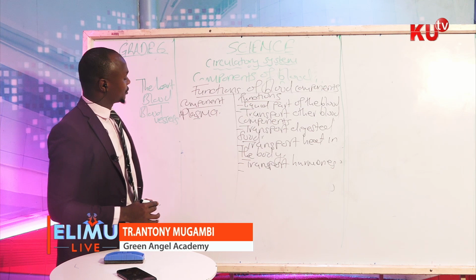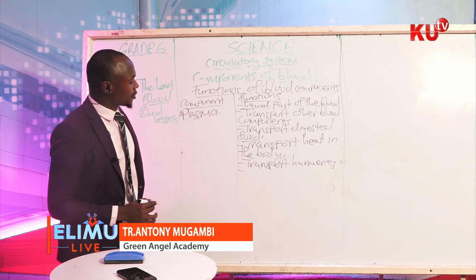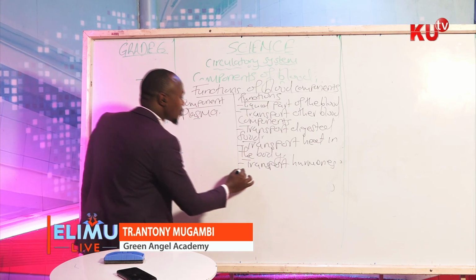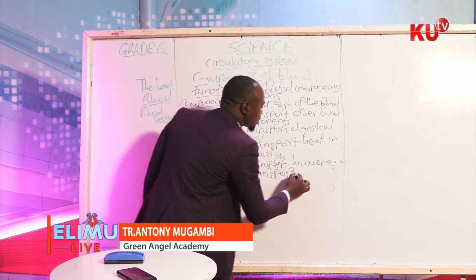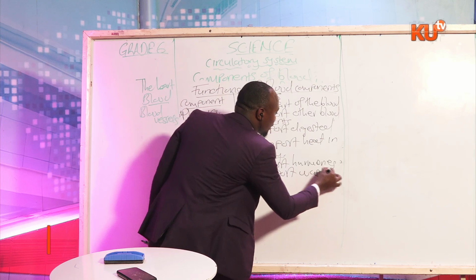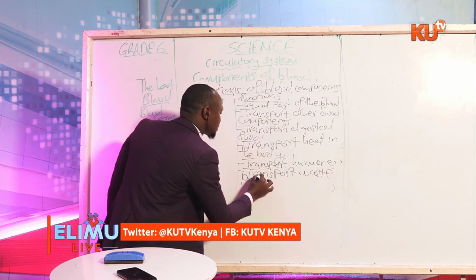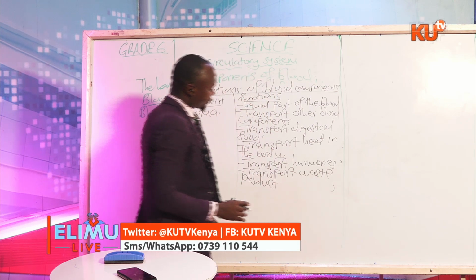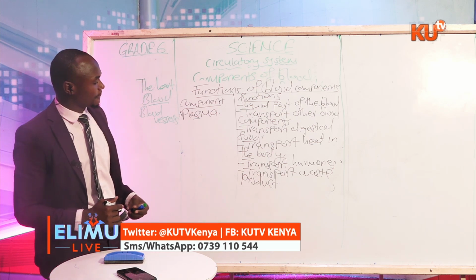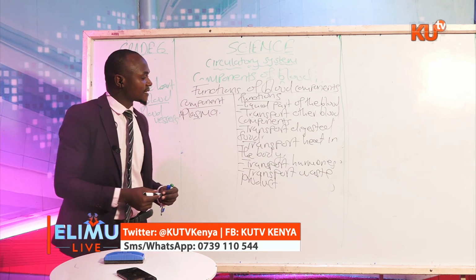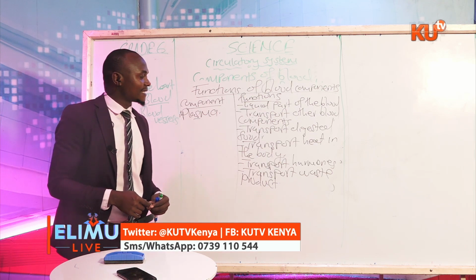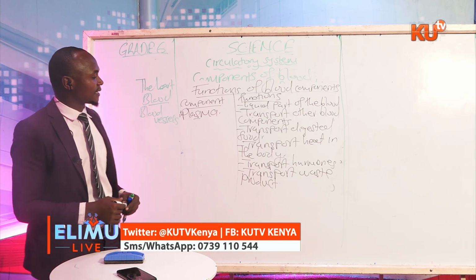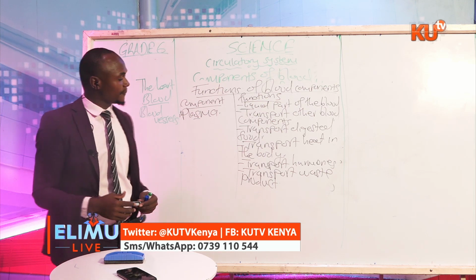It also transports waste product. When we talk of transport of waste product, we have various systems in the body called the excretory system that excretes waste, like urea.